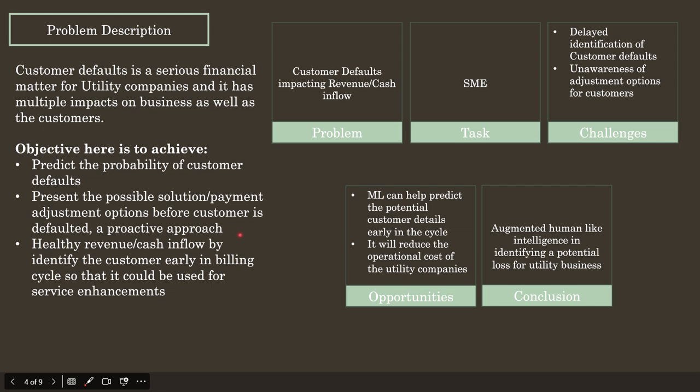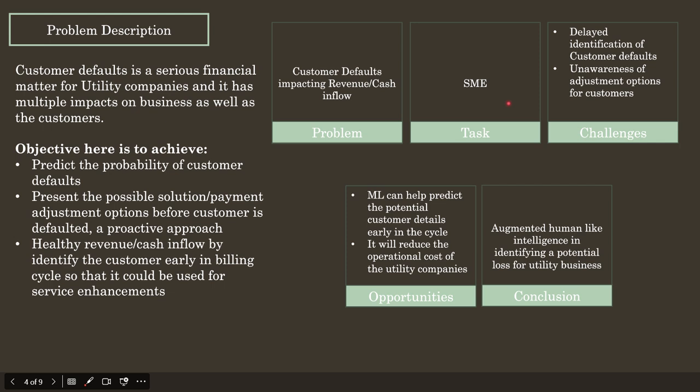With this proactive approach, the business will be able to reach out to those customers and present them certain in-between solutions which will reduce the overall loss, and the company will be able to take the impact of non-payment, but instead of a full non-payment, the company will have a partial non-payment. So the problem is customer defaults impacting revenue or the cash inflow for the businesses.